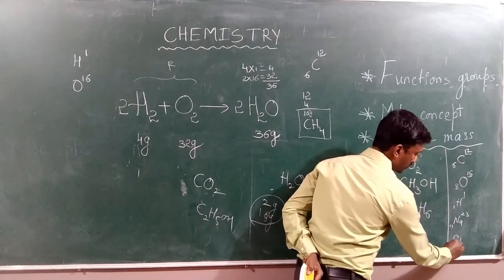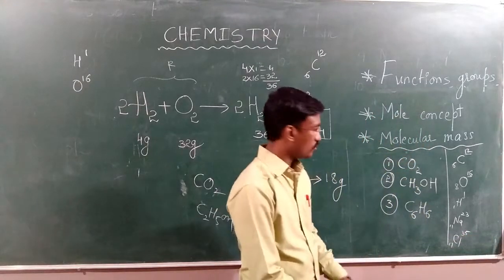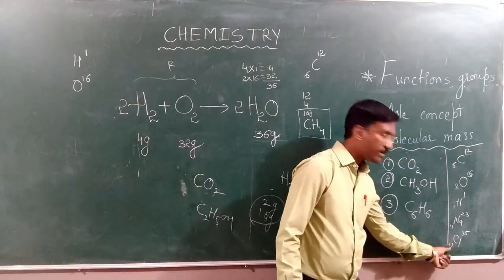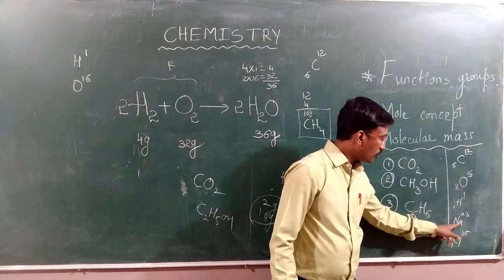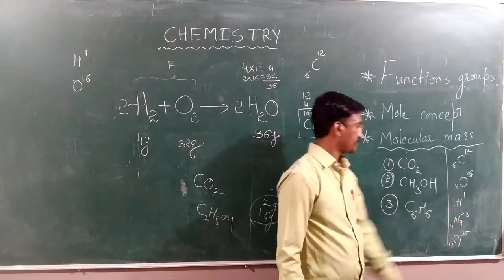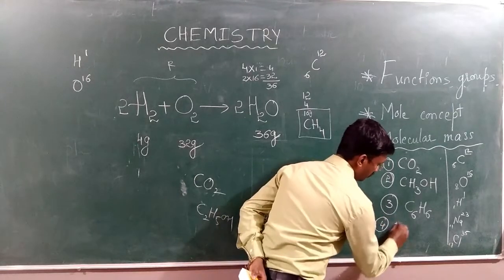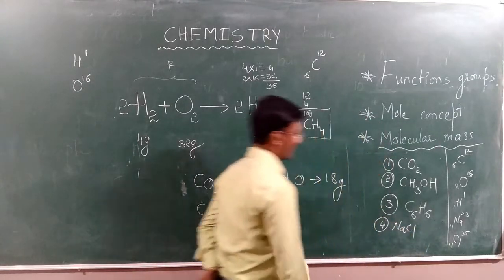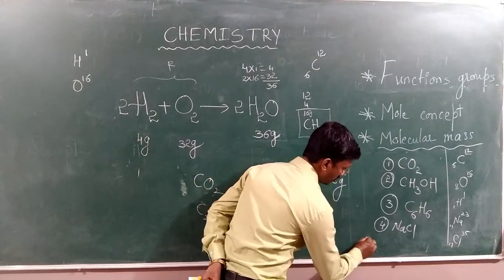Chlorine has atomic number 17, atomic mass 35. Can you able to see this one? So based on this, try to write the molecular mass of NaCl also. And I will give you another one.